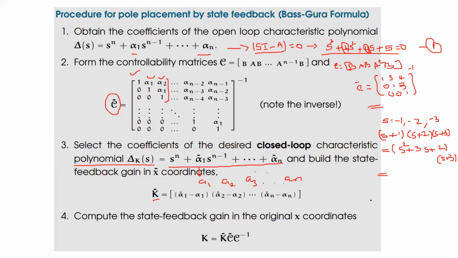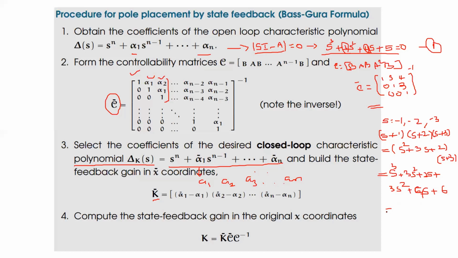Now let us multiply both the factors. First one is s cube plus 3s square plus 2s. Again multiply by 3s square plus 9s plus 6.